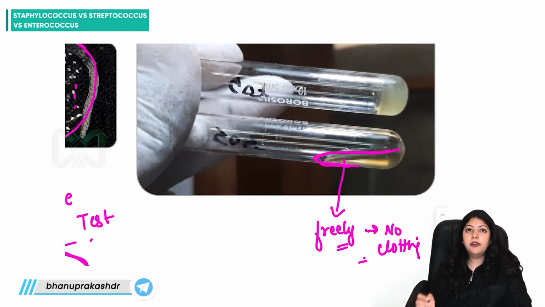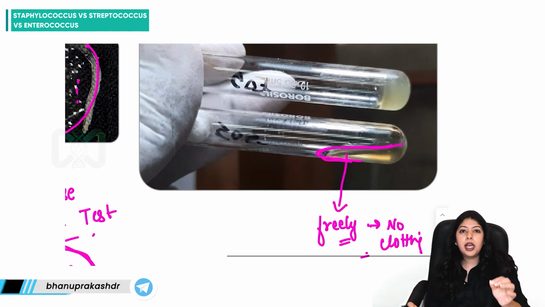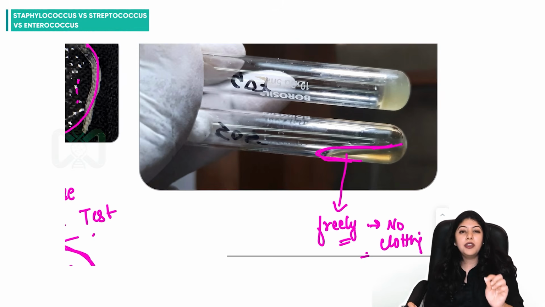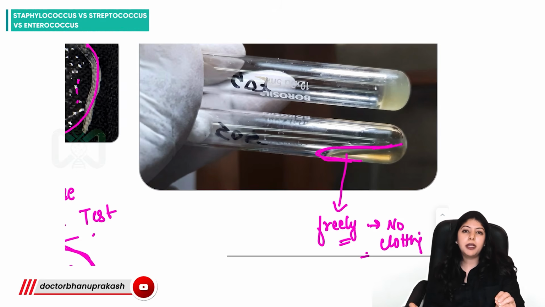But even if the suspension is flowing, we first have to look for the presence of even the slightest clotting. The rest of the fluid might just move, but some clots might be present, because there are certain degrees of clotting which can be appreciated.